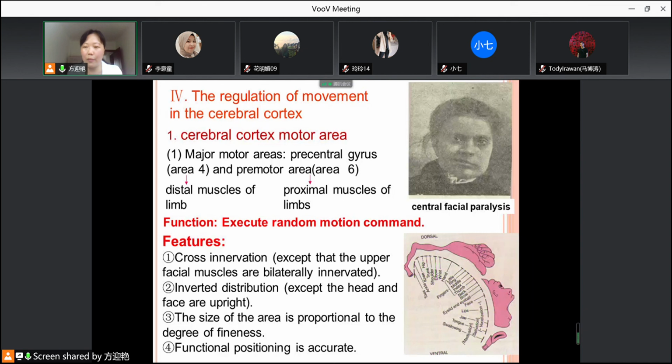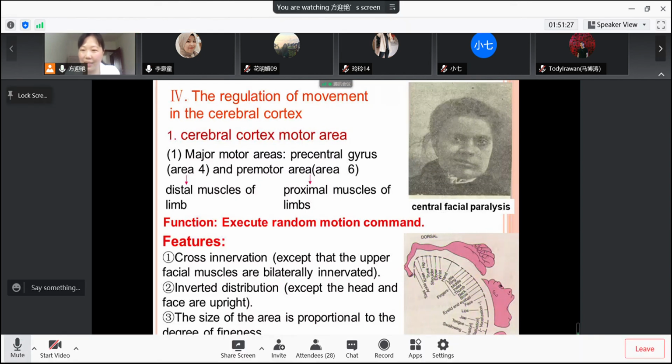So it is very complex, controlled by the muscles. In the face and head, the muscles do the finest movements, so we can see this area is very large. Understand?